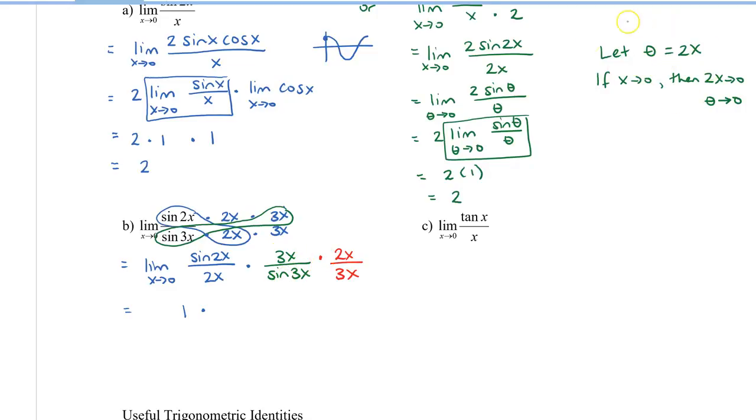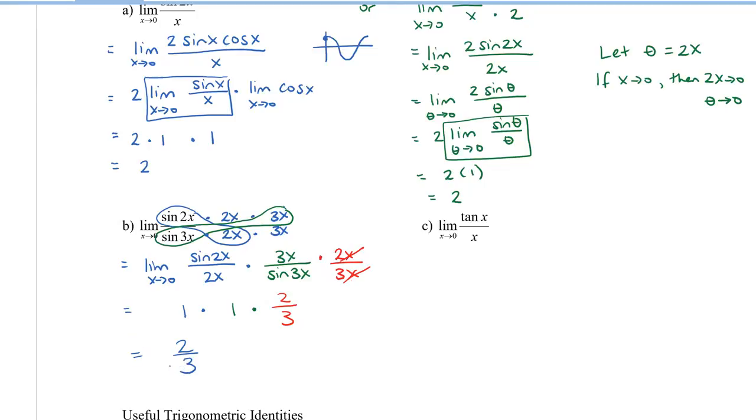We can apply the same method that we did on the right side, where theta is equal to 2x. Now we can say theta equals 3x. So this is also 1. And then the last part here is that the x's in the last fraction cancel off. So I have 2/3 left. So 1 times 1 times 2/3 gives me 2/3.